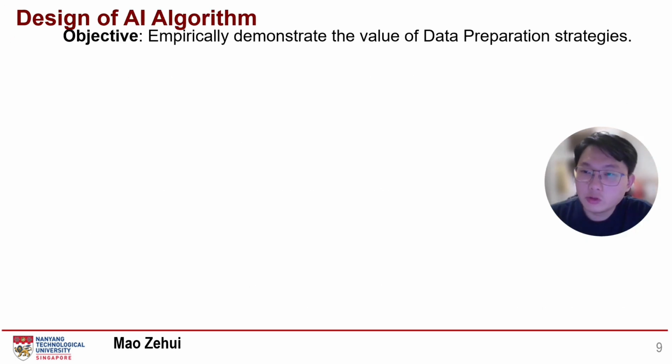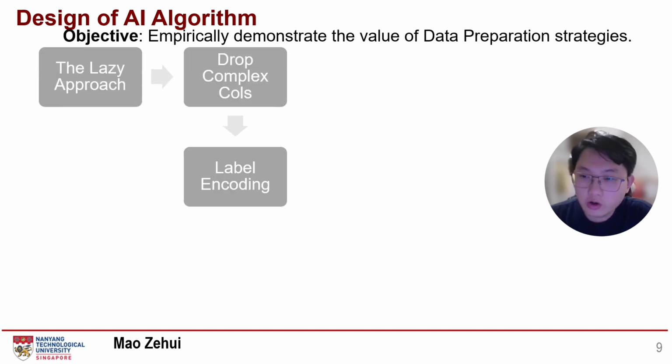Now, we move to the algorithm design. Our goal here isn't just to build a model, but to conduct a scientific experiment to prove the value of data governance. We design a rigorous A/B test. On the left, we simulate a lazy analyst workflow, taking raw data and simply deleting difficult columns.